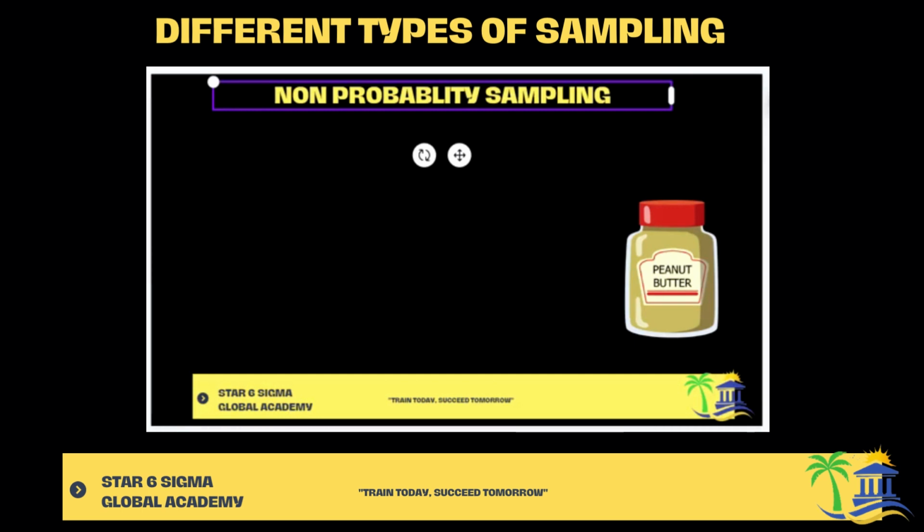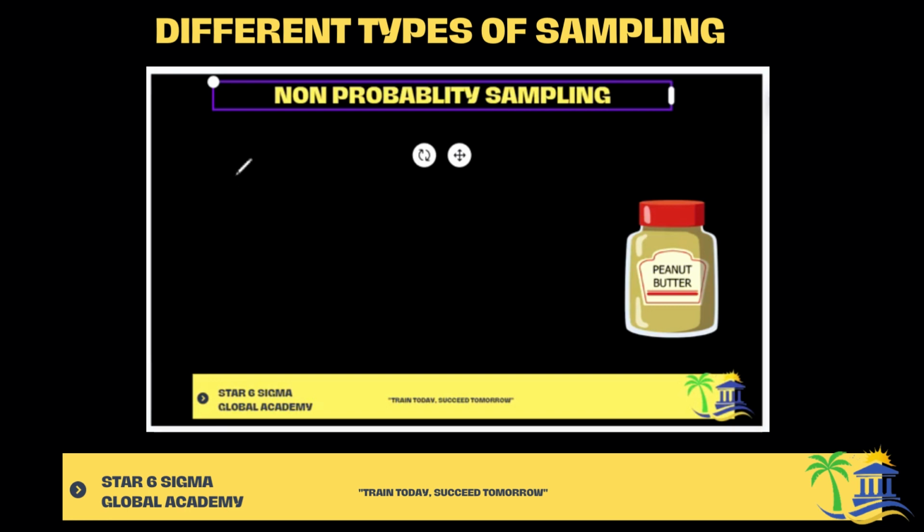The next thing that I want to talk about is non-probability sampling. This can actually go more qualitative.